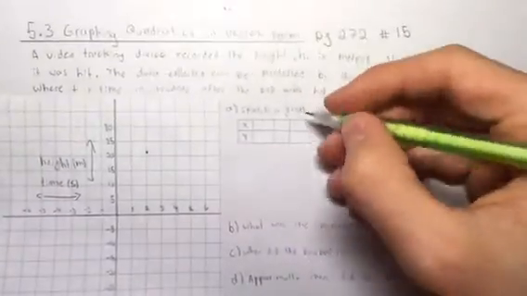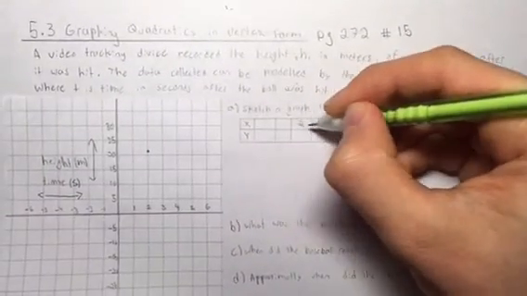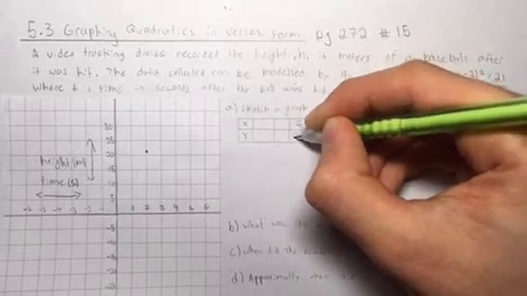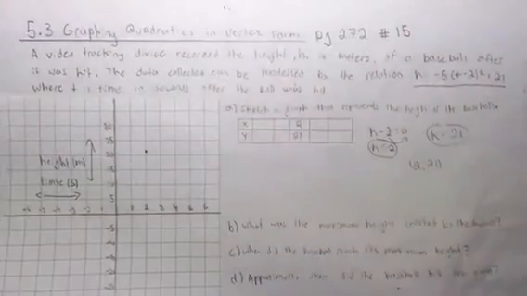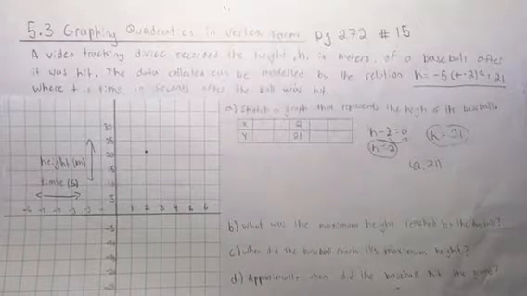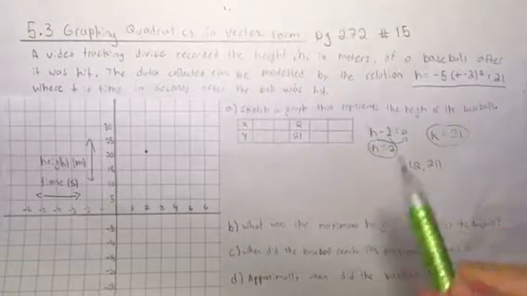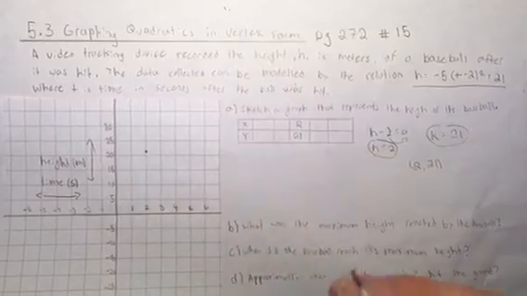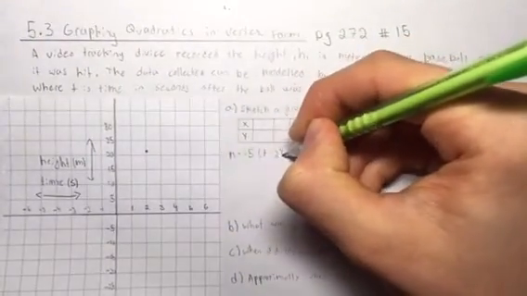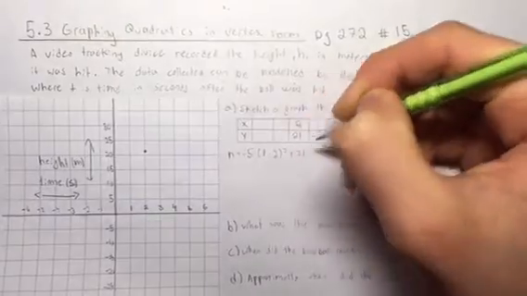I'm going to plot that right here in our table because it's a nice way to organize things. Now to find the rest of the parabola, you can use the equation to find other points: h equals -5(t minus 2) squared plus 21.